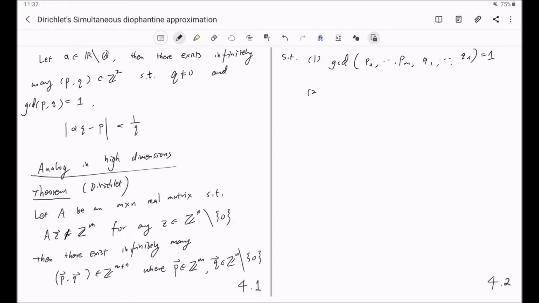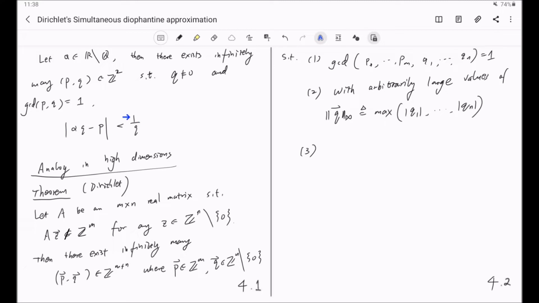And second, we can make the norm of the vector q arbitrarily large. Remember this norm, we take the standard one, which is the maximum norm of its components. And thirdly, we have the analog of this in high dimensions. And this is the asymptotic version of Dirichlet's simultaneous Diophantine approximation theorem.